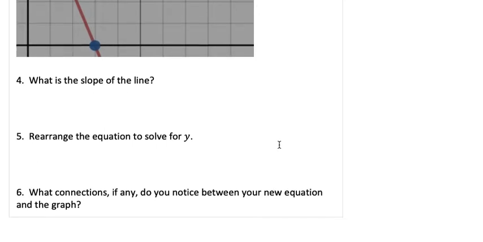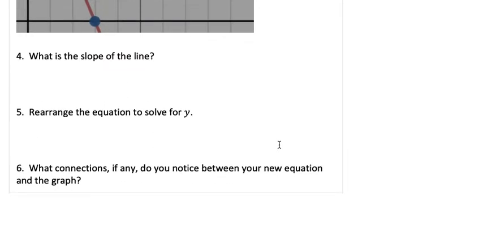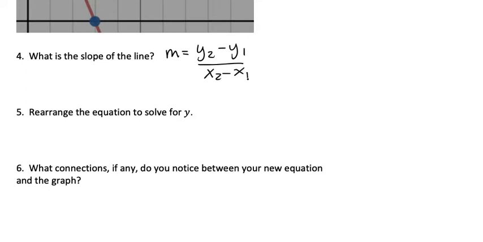Question 4 says, what is the slope of the line? So we're going to calculate the slope using our slope formula, which, as you recall, is m equals y2 minus y1 over x2 minus x1. And we have the 2 points that we identified, the x and y intercepts of 0, 15 and 6, 0.